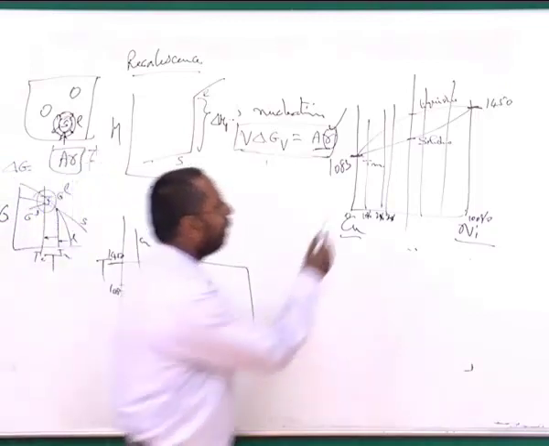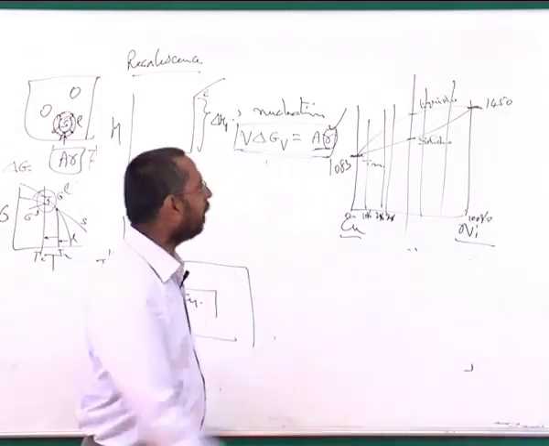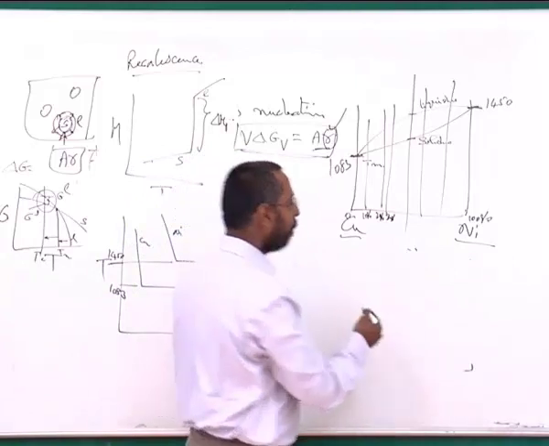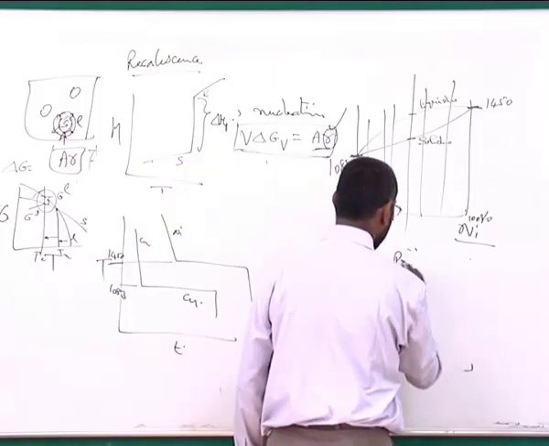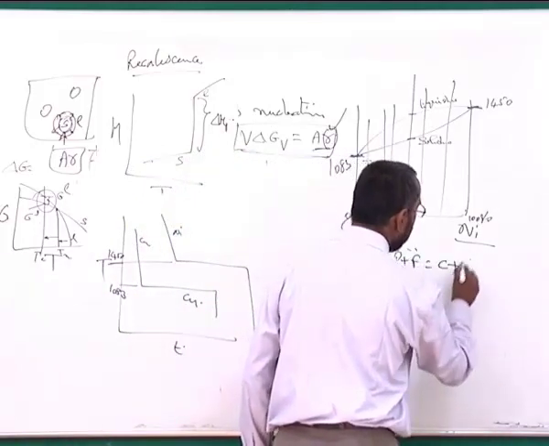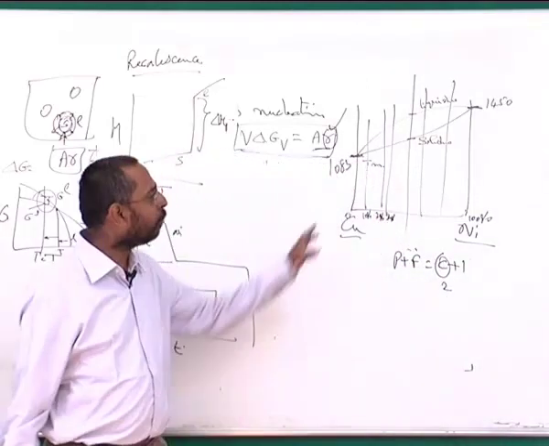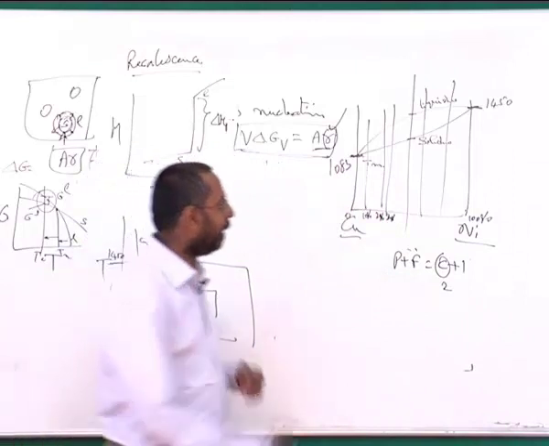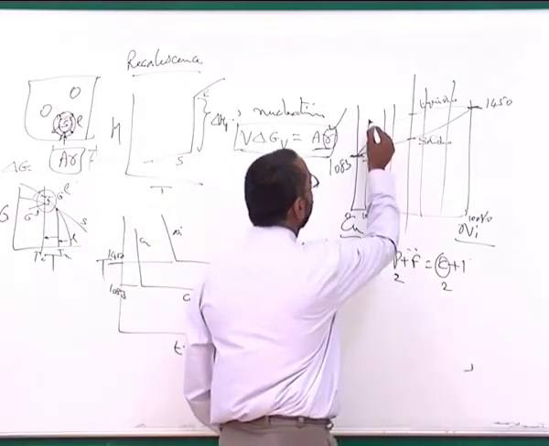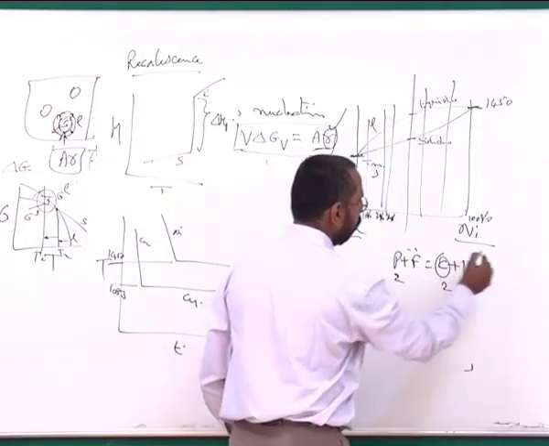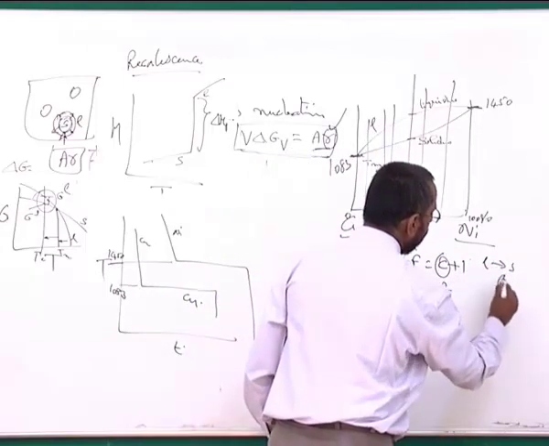Now if I do it for these alloys, you will see that the phase rule says that P plus F equals C plus 1, and in this case C is 2, because two components are involved, and P is again 2, because this is a liquid giving me a solid. So liquid giving you a solid, so P is 2.